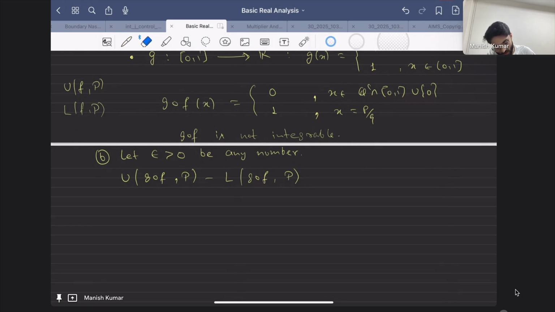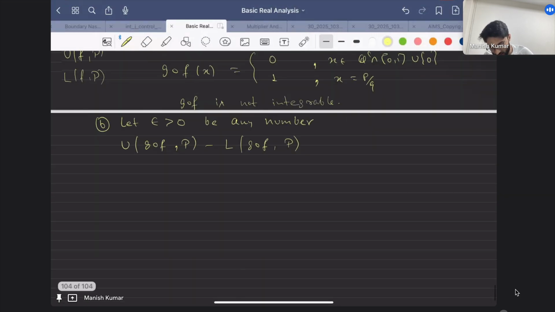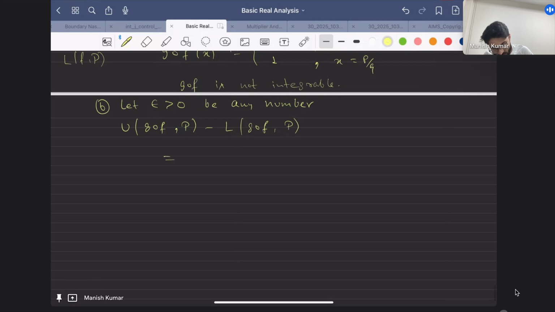Okay, so we want to prove that this thing is very close. Let us try to write this definition. What we'll get, this will be some supremum.